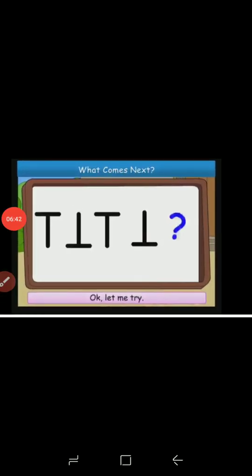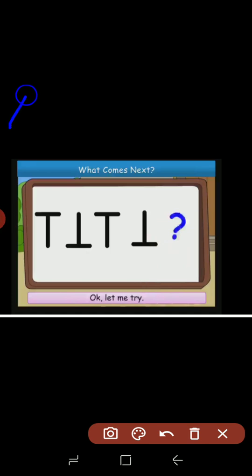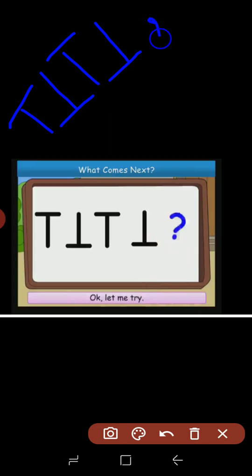Now again observe this picture. One T upward, then another one will be downward, then again upward, then downward. What will come next? Yes, again upward, then downward. Understood? In this way you can do upward and downward or any kind of picture in a pattern.